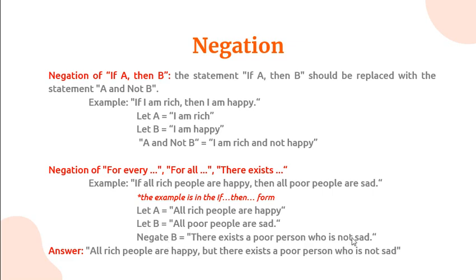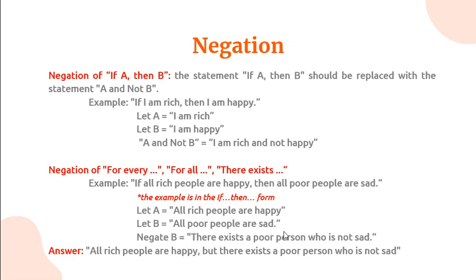Since its form is if and then, based on our if and then rules, only B is negated, right? So when we negate B, the sentence will become: there exists a poor person who is not sad.